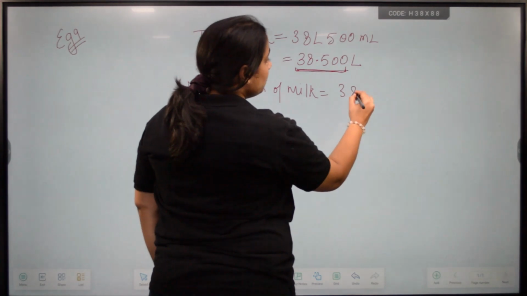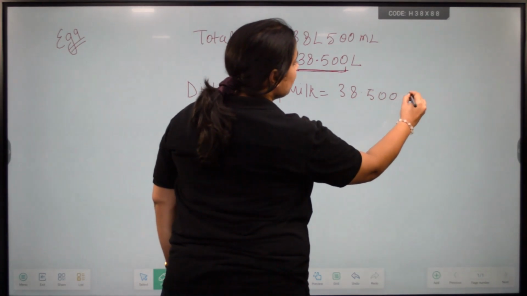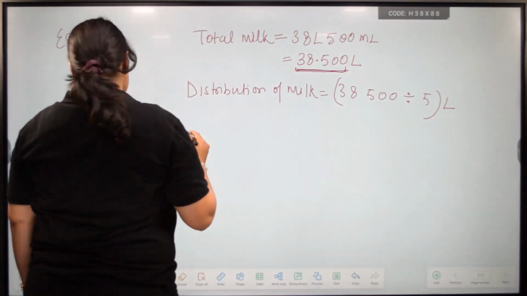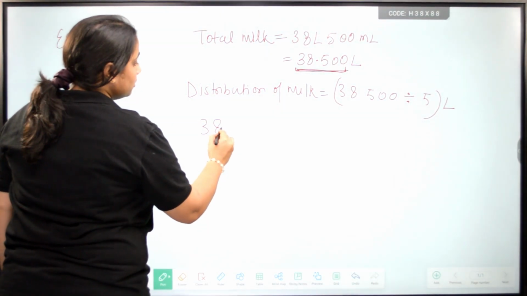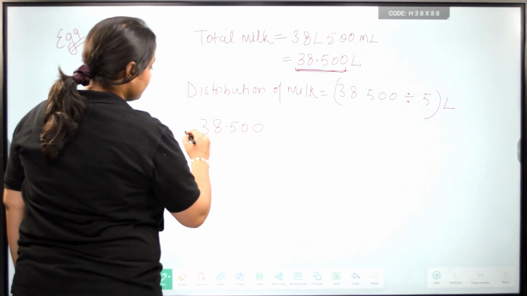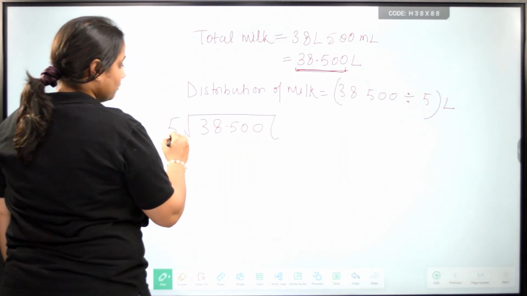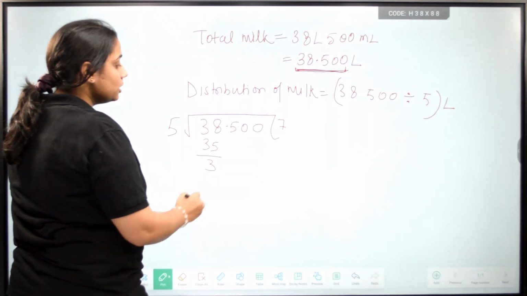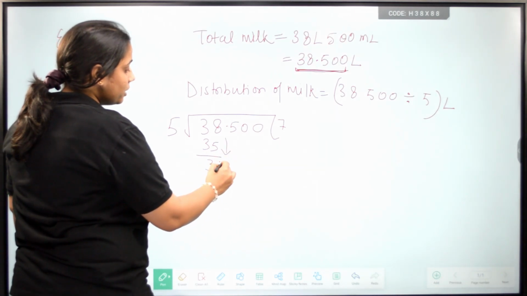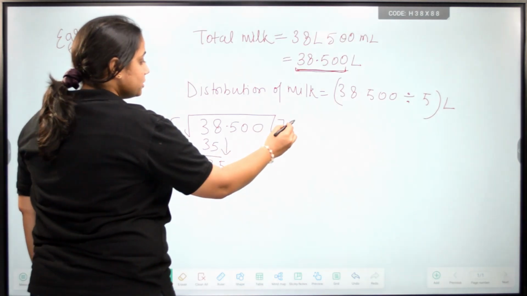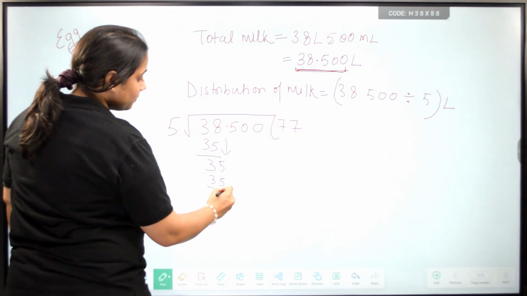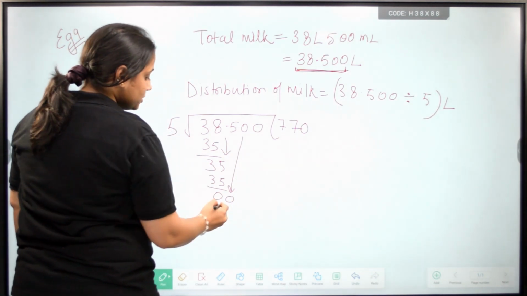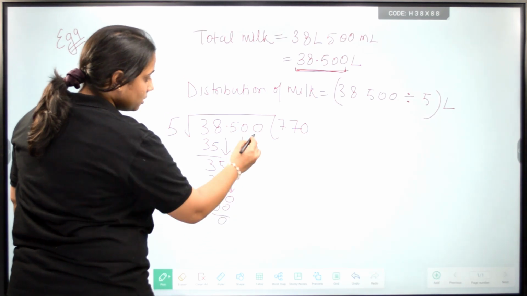So 38.500 divided by 5, the answer will be in liters only. So I am dividing it here. 5 into 7 is 35. We are left with 3. Bring down the 5. Now 5 into 35 is 7. Now bring down this 0, it will be 0, again 0.